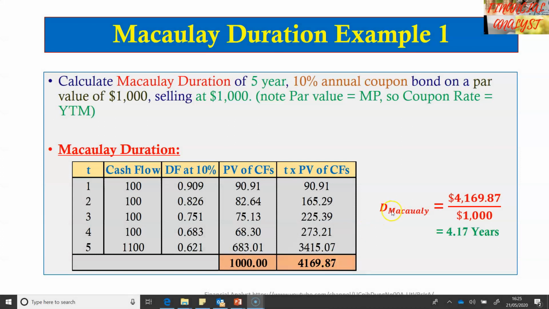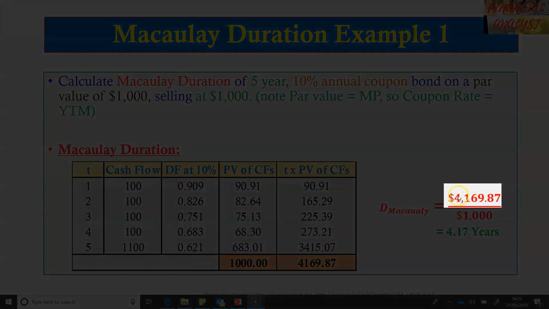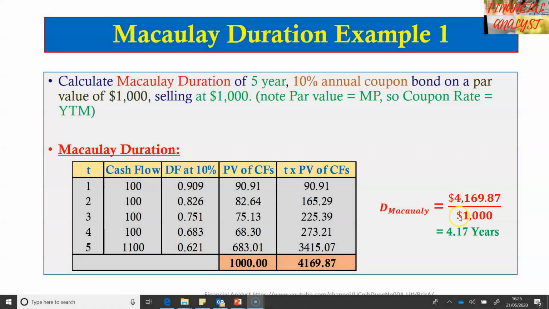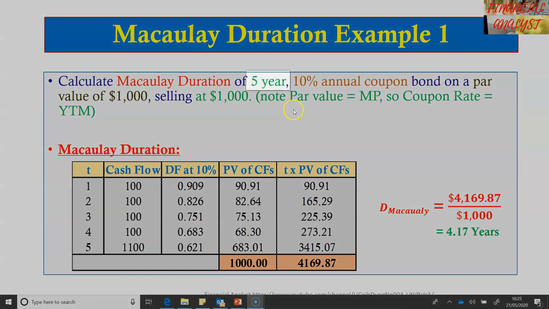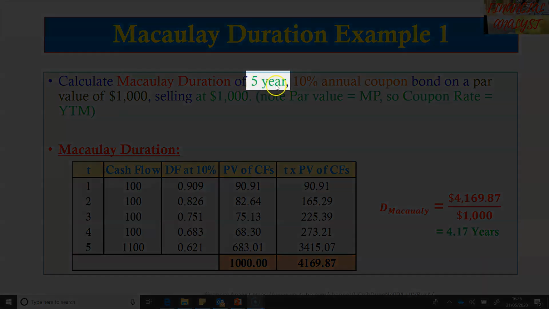Now Macaulay duration is equal to the sum of the time weighted cash flows in present value terms for the bond divided by the bond's initial investment, that is the price of the bond. In this case, Macaulay duration is 4.17 years. Note, 4.17 years duration is less than the 5-year maturity of the bond.